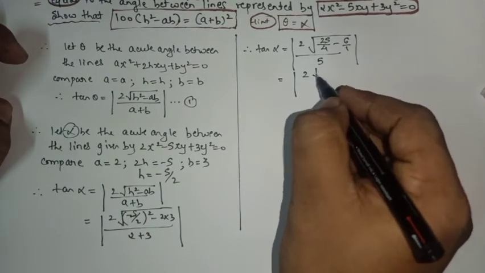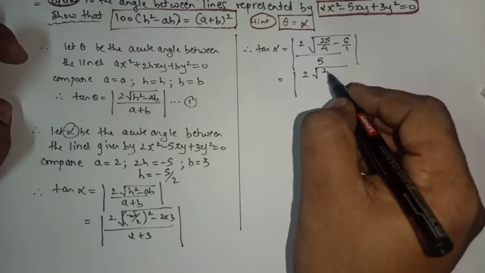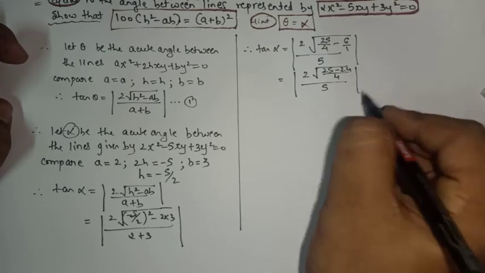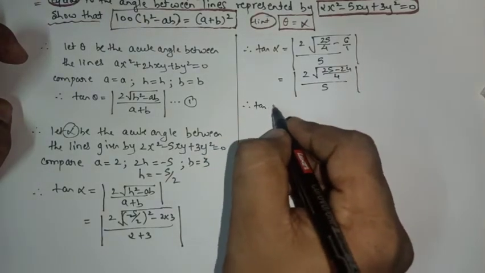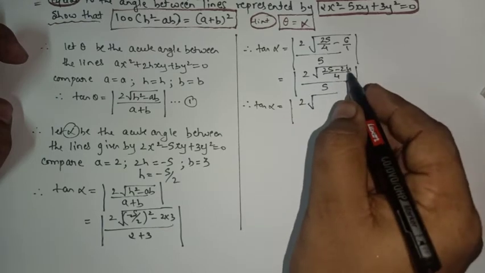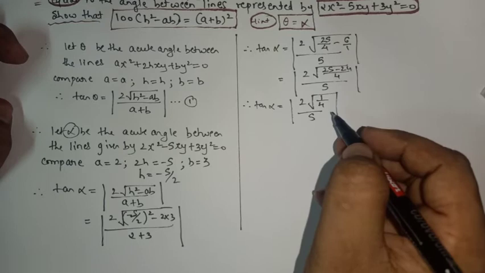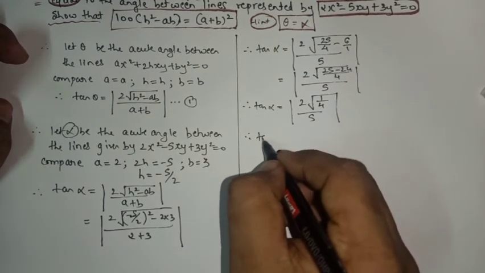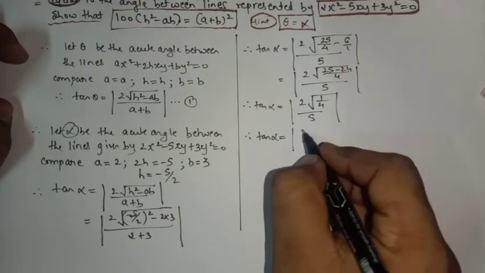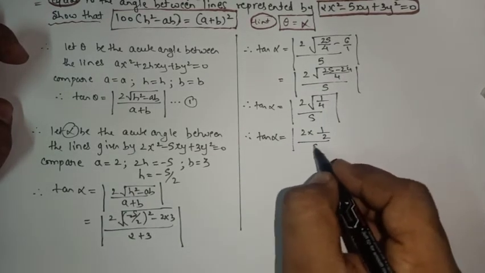Cross, so you will get 25 minus 24 upon 4, upon 5. So therefore tan alpha is equal to 2 root of 25 minus 24, which is 1, by 4, upon 5. Therefore tan alpha is equal to 2 into square root of 1, which is 1, upon 4, upon 5.